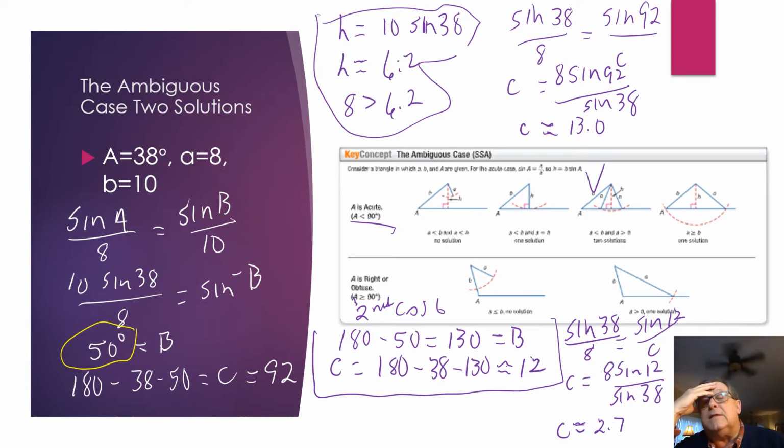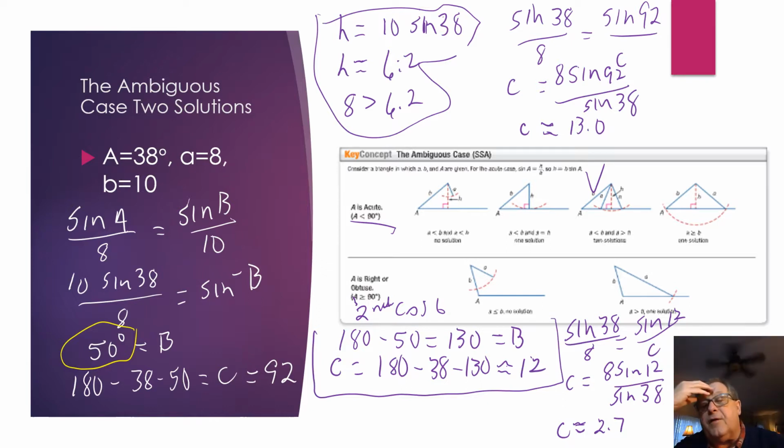And then we went about finding side C if angle C happened to be 92 degrees, and we determined that was approximately 13. Then for our second case, we said, well, if angle B is not 50 in this scenario, it must be 130. We get that by taking 180 and subtracting our original finding for angle B at 50. 180 minus 50 gives us 130.